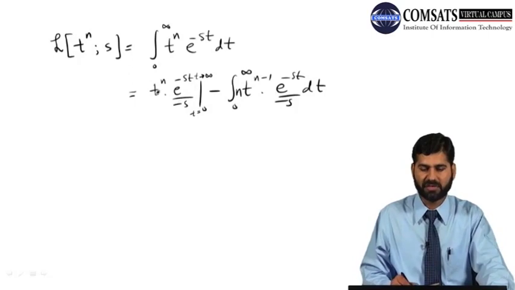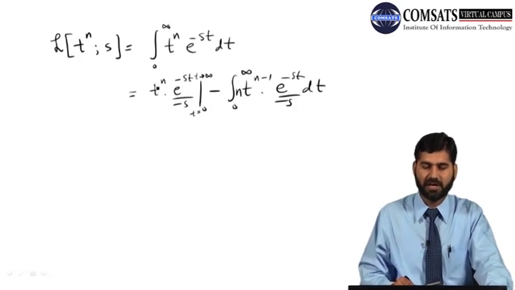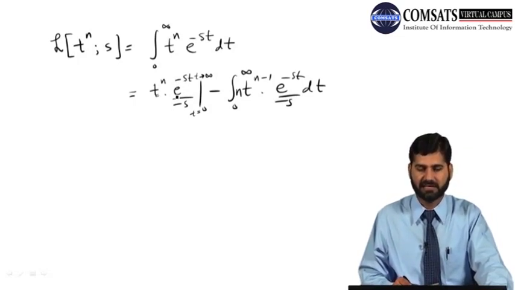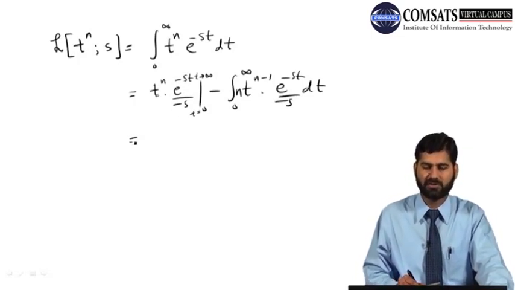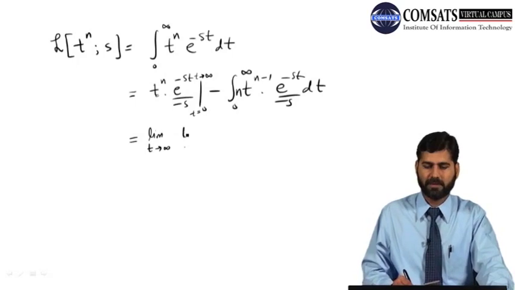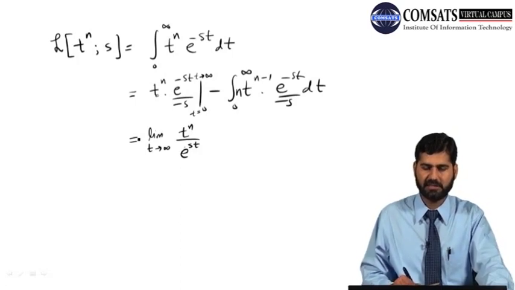So of course at 0 this will be 0, at infinity this will become 0. Here you can say that this t to the power n goes to infinity and e to the minus st is 0. So you can use L'Hopital's rule if you want. Alright, you have the limit as t goes to infinity of t^n by e^(st).